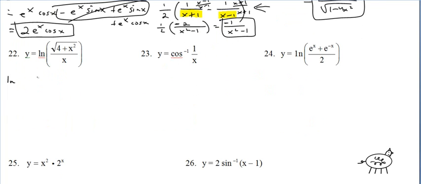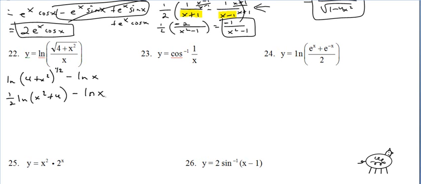So we're going to do a natural log. And actually, I'm going to write it this way: 4 plus x squared to the 1/2 power, minus natural log of x. Okay, move the 1/2 in front, so it's 1/2 ln of x squared plus 4. I'm just going to write it that way, minus ln of x.